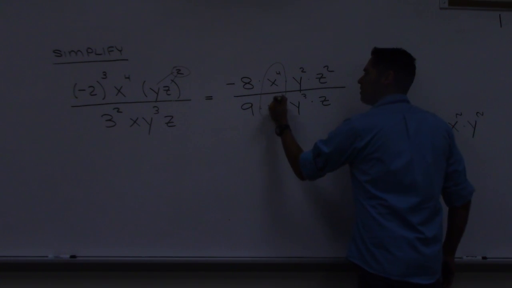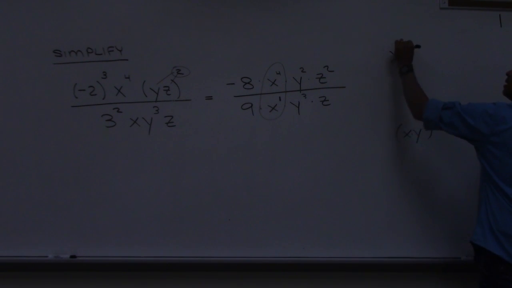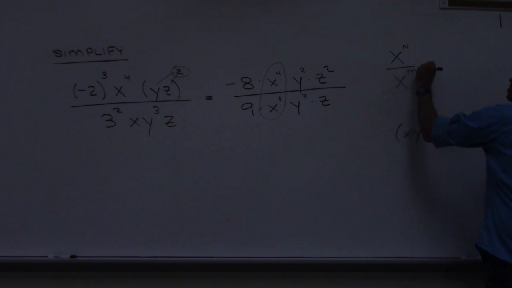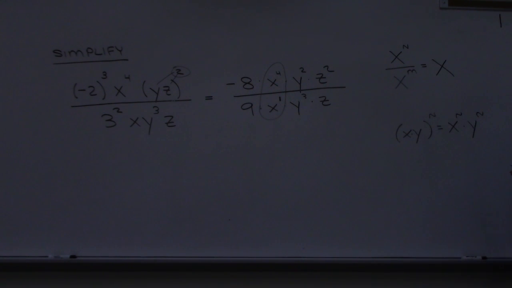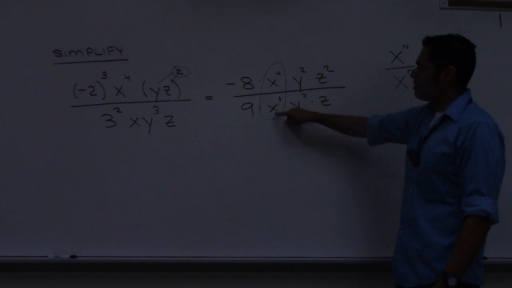So that's really x to the 1st power. You can figure out how many you can cancel out, but there's actually a formula for it. You subtract the exponents, n minus m, the one on top minus the one on bottom. So here I just look at this, x to the 4th over x to the 1st.